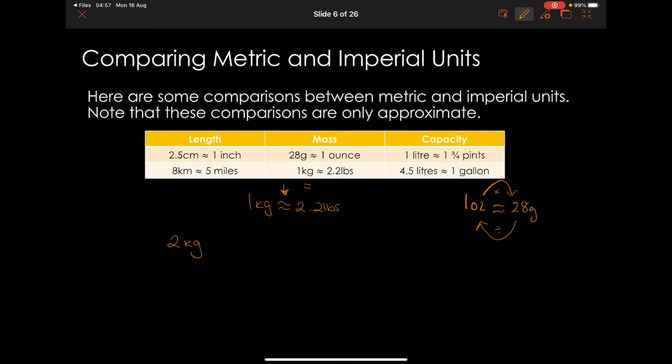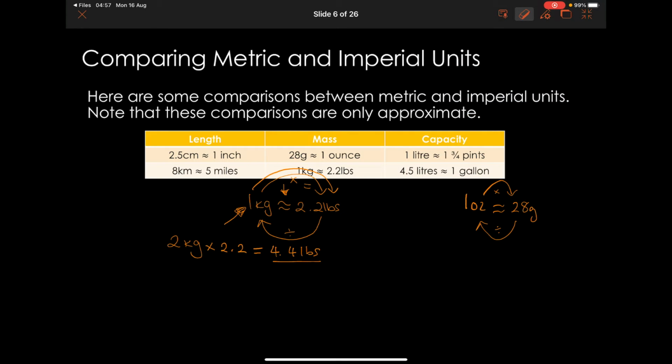I would just draw my arrows, times at the top, divide at the bottom. I'm in kilos, so I want to go to pounds, which means I'm going to times by 2.2. 2 lots of 2.2 is 4.4 pounds. So 2 kilos would be roughly 4.4 pounds.